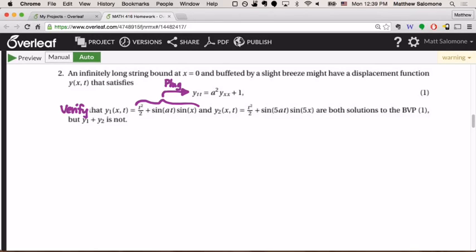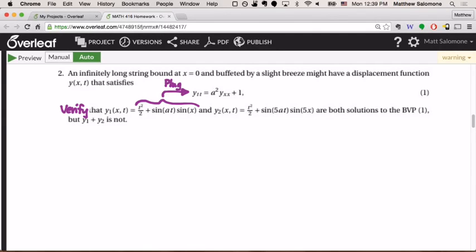I'm sort of making a claim that they work. You just have to verify that claim. But then the same is also true about what you'll do with the sum of these two solutions. When you add these two functions together, even though the original y1 and y2 solve this PDE, their sum, I'd like you to show, does not. Many of you are able to do that, but if you didn't, then that's the task that's ahead of you.